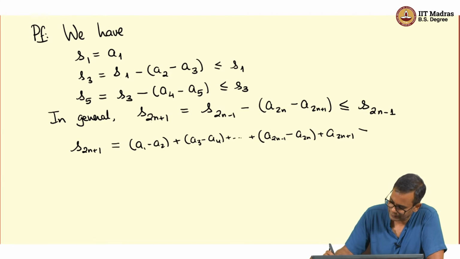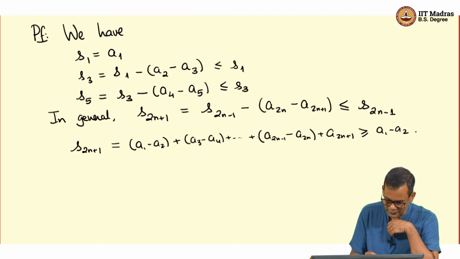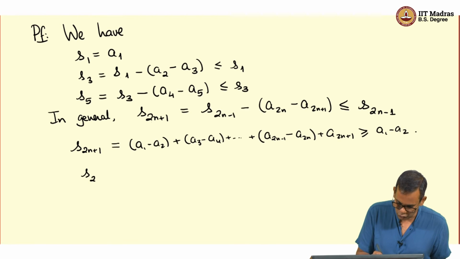And this is certainly greater than or equal to A1 minus A2. So, this sequence of odd partial sums is a weakly decreasing sequence which has a lower bound, namely A1 minus A2.